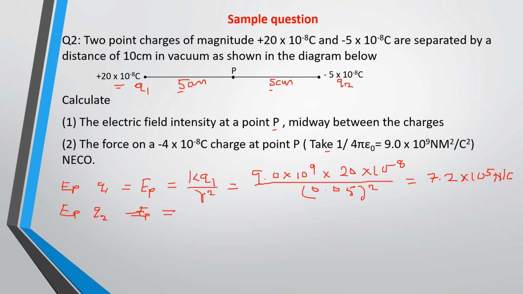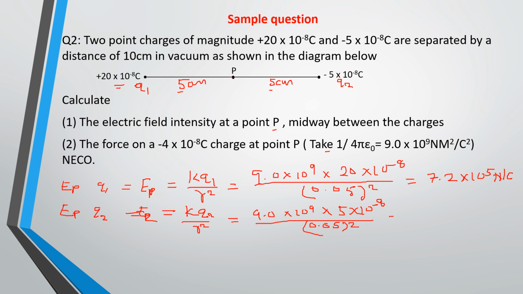will be equals to, so can we take this as E1 and take this as E2. Okay, so the same thing that we did for Q1, Q2 all over R squared. So you do that: 9.0 times 10 raised to the power 9 multiplied by 5 times 10 raised to the power minus 8 coulomb, all divided by 0.05 raised to the power 2.